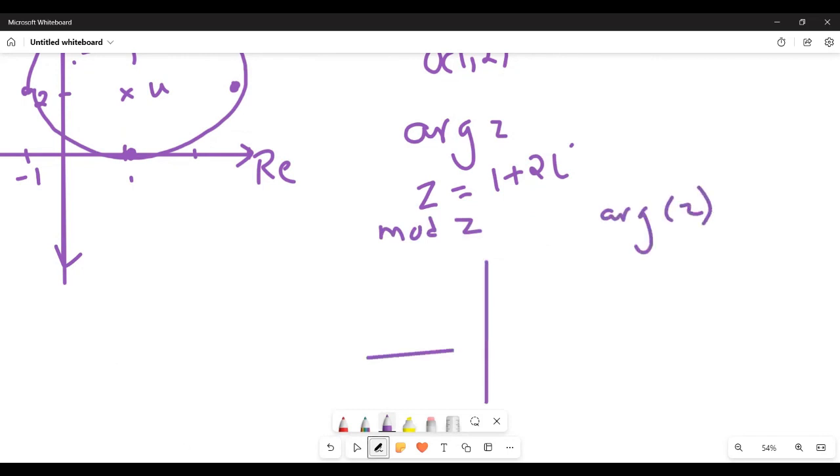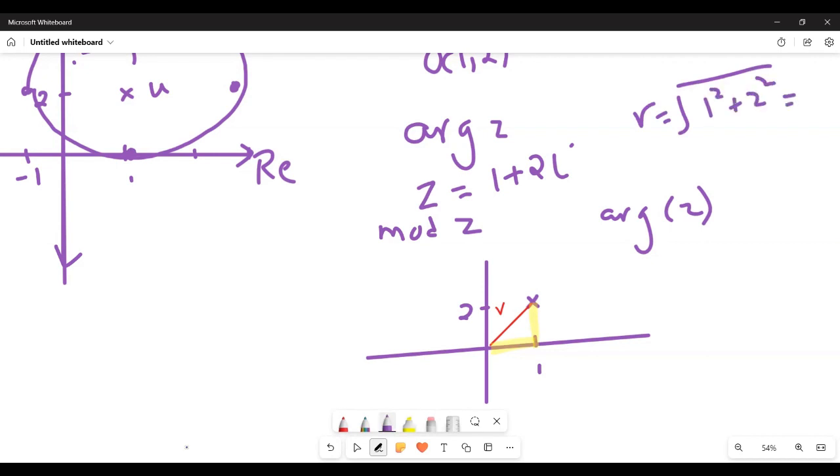Quick recap. Here's the point (1, 2). Modulus is this distance, usually represented by r. For that you apply Pythagoras on this length and this length. So r is square root of 1 square plus 2 square, so in this case the modulus is square root of 5.